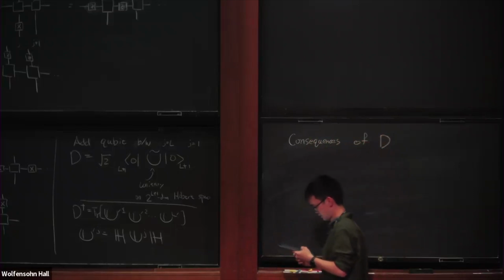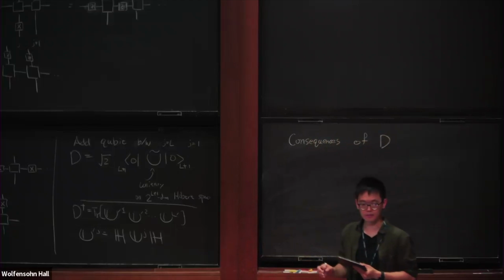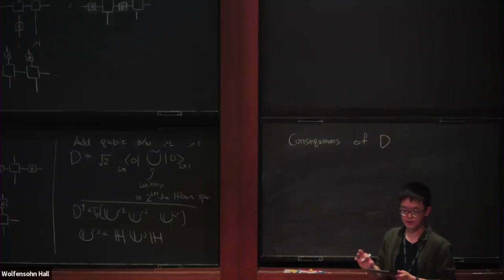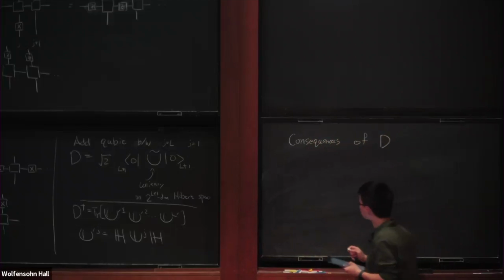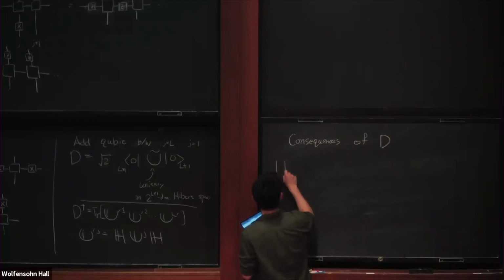So before I give the general statement, let's consider a simple example which will demonstrate all the properties we would like to show. So we start with the critical Ising model. Actually, let me make it non-critical. Let me add a g deformation here.